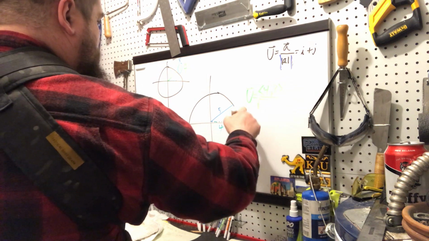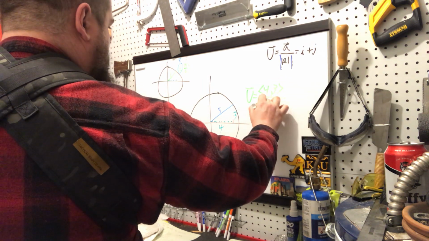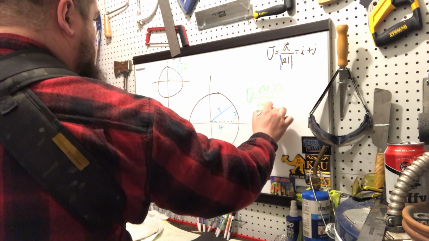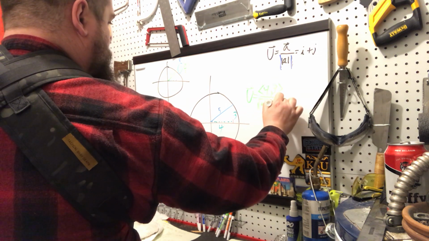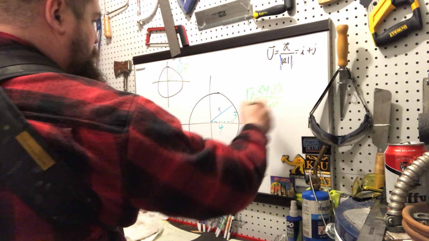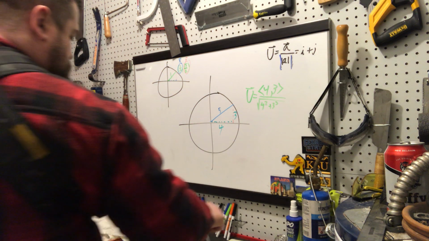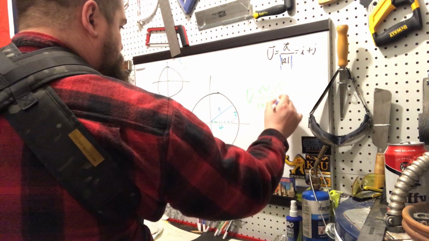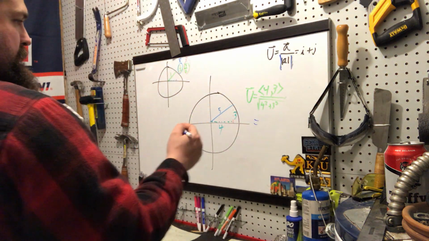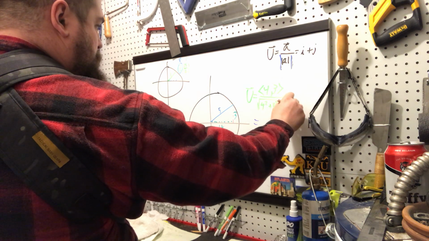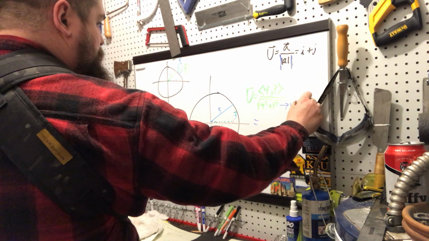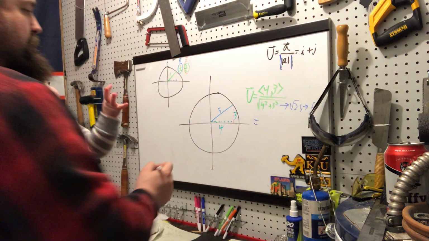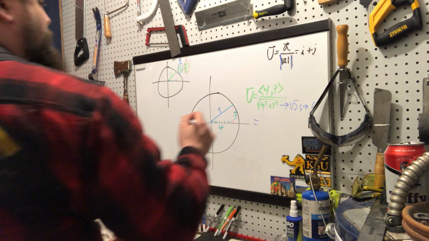And remember, we have to do the magnitude here, so we get 4 squared for the x, plus 3 squared for the y, and that is going to equal the square root of 25, or 5.